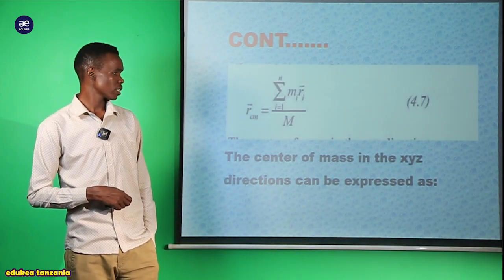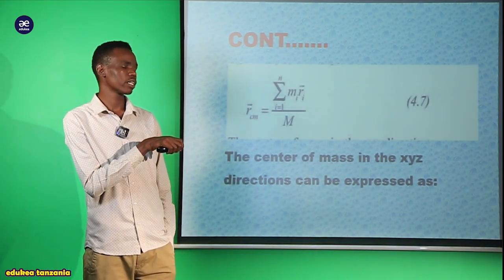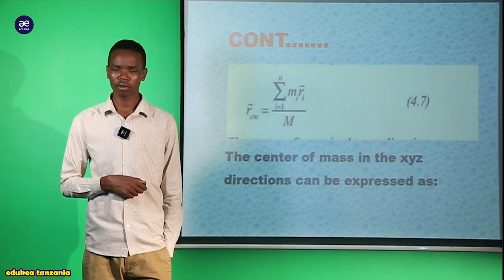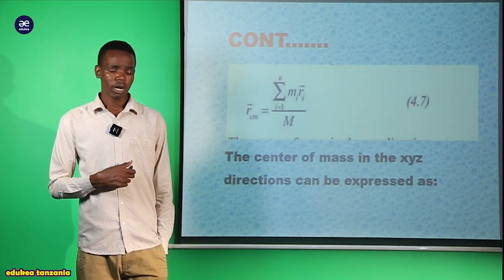This should be equation number 7 for our topic number 4.